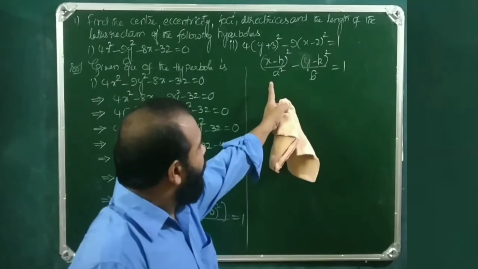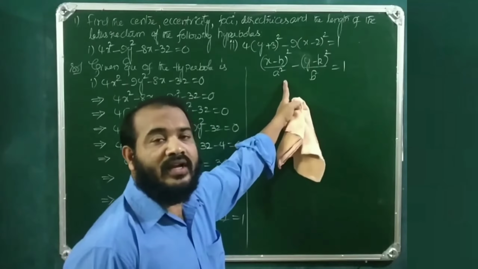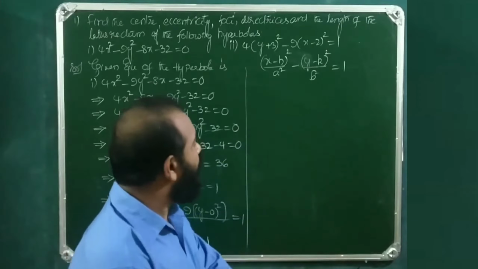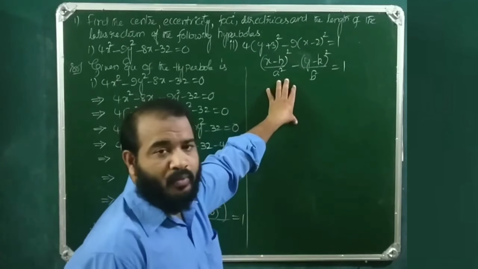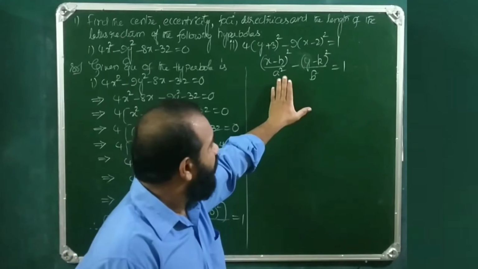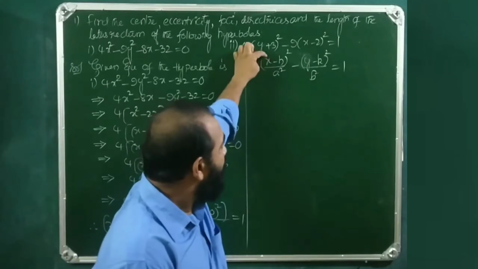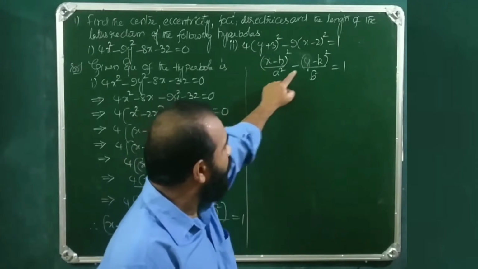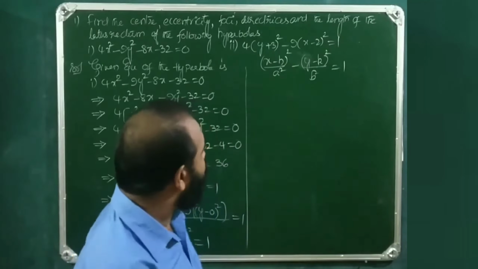So this is the hyperbola whose center is not at the origin. Origin is shifted to (h, k). Which kind of hyperbola is it? This is a normal hyperbola. It is not a conjugate hyperbola. Conjugate hyperbola is (y minus k) whole square by b square minus (x minus h) whole square by a square equals 1.